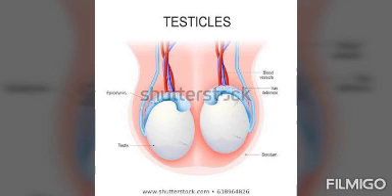Fourth point, each testis consists of highly coiled testicular tubules or seminiferous tubules, which form 80% of the testicular substance and are the sites for sperm production. You should remember the term seminiferous tubules.